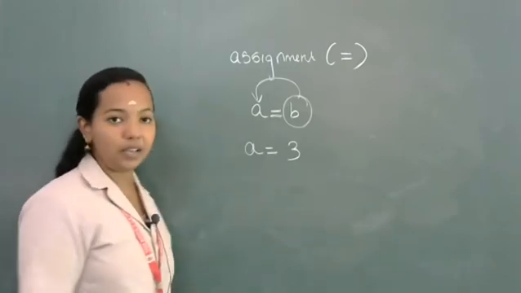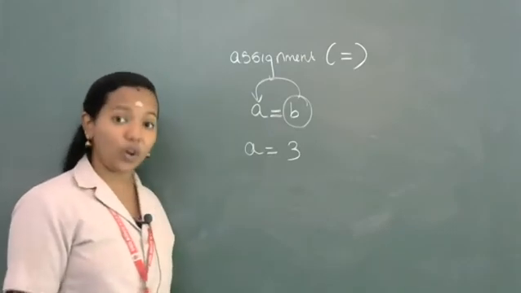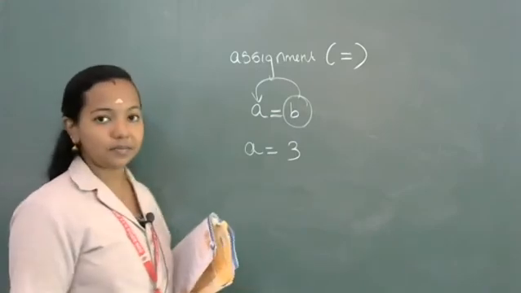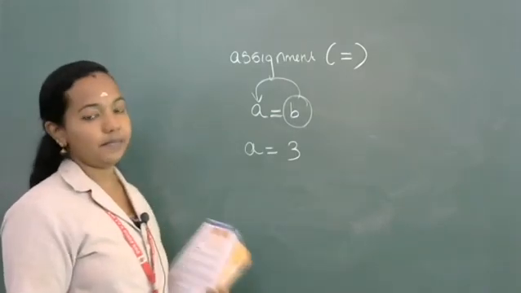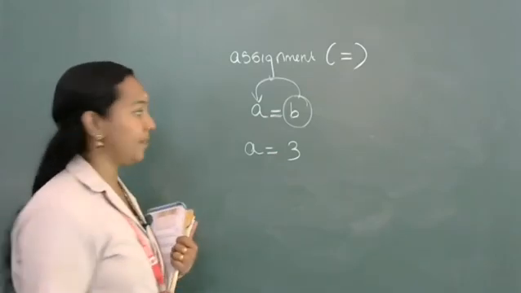A equal to 3 means the right side value or constant is assigned to the left side variable. Clear? So this is the assignment operator.